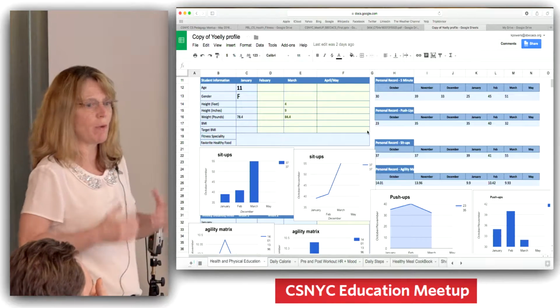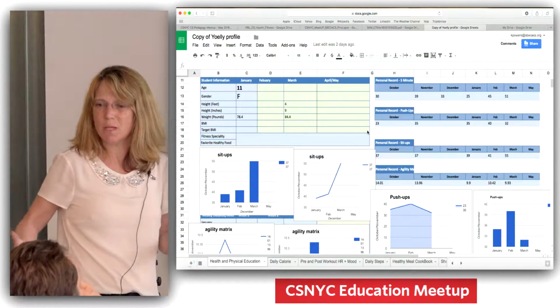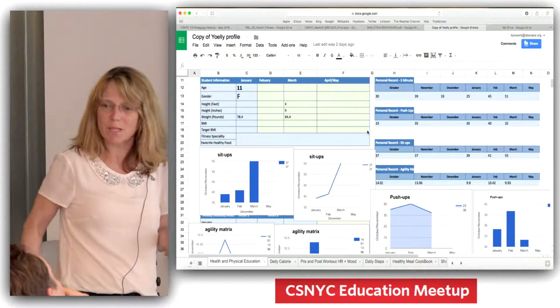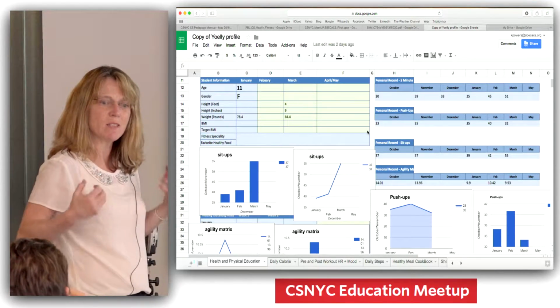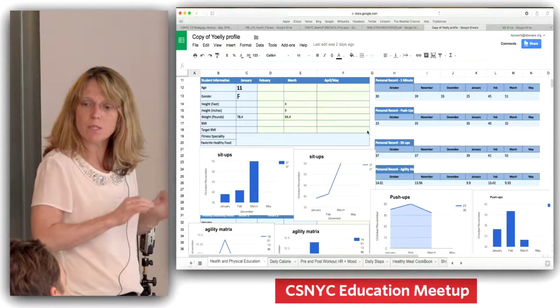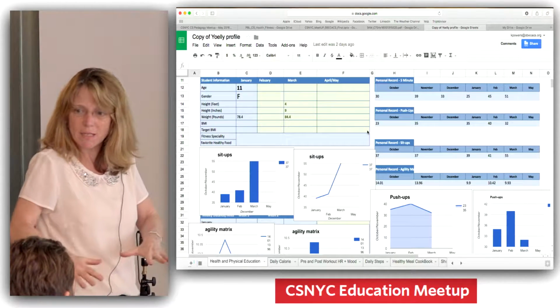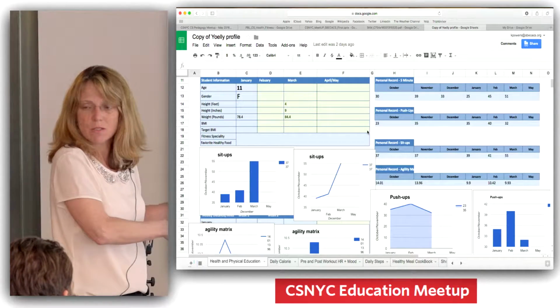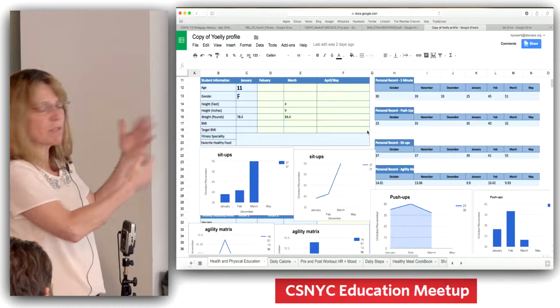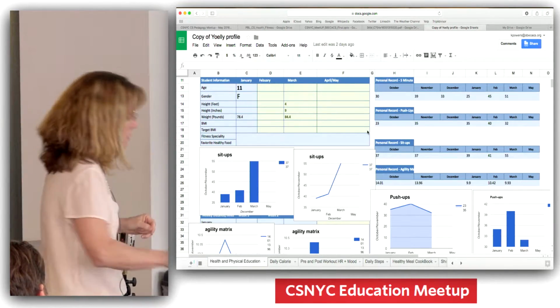When they came in and they were entering PRs, it made me get a good understanding of what a PR is in physical education. What are they doing upstairs? So I got a good sense of what the kids are doing. Later on, the kids use Google Chromebooks to enter the data in the PE classroom. So it transitioned from my classroom for data entry into physical education. The graphs I'll talk about in a little bit, but they were created in my class using this sheet.